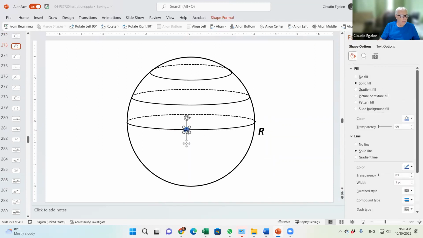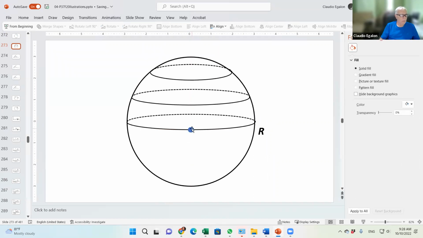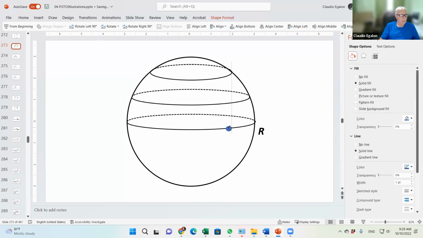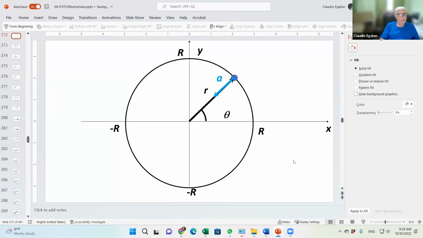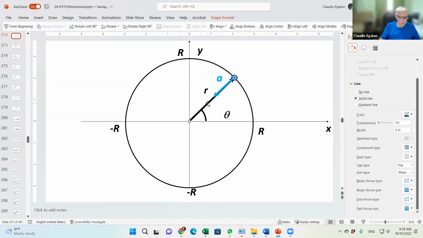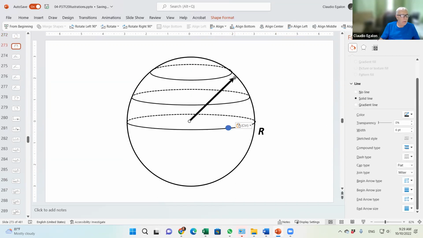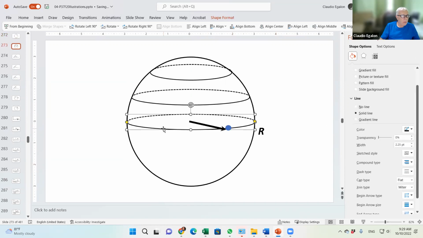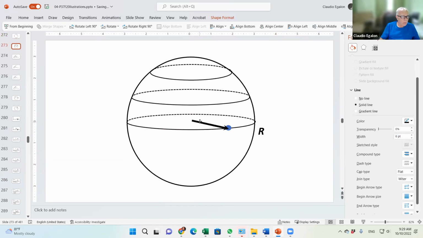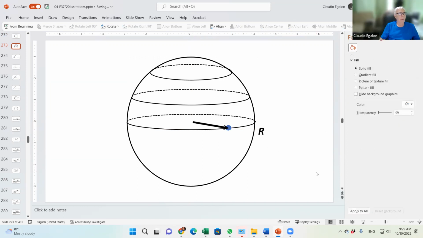So we have our test subject right here at the equator. I'm going to put it here. The position vector of this test subject with respect to the center of the Earth is this vector here.